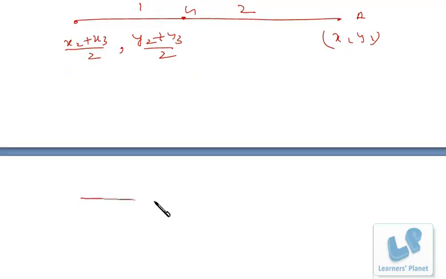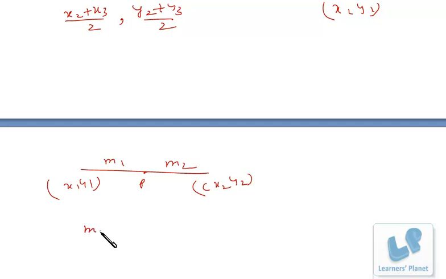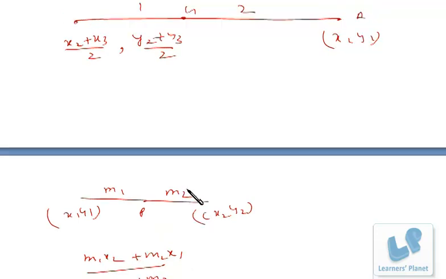If the coordinate of this point is x1, y1 and this is x2, y2, and this may be any point that divides in the ratio m1:m2. So that is m1 x2 plus m2 x1 by m1 plus m2, right? Here m1 and m2 are 1 and 2, and x1 y1 is this and x2 y2 is this. Okay, so we directly use the section formula over here.